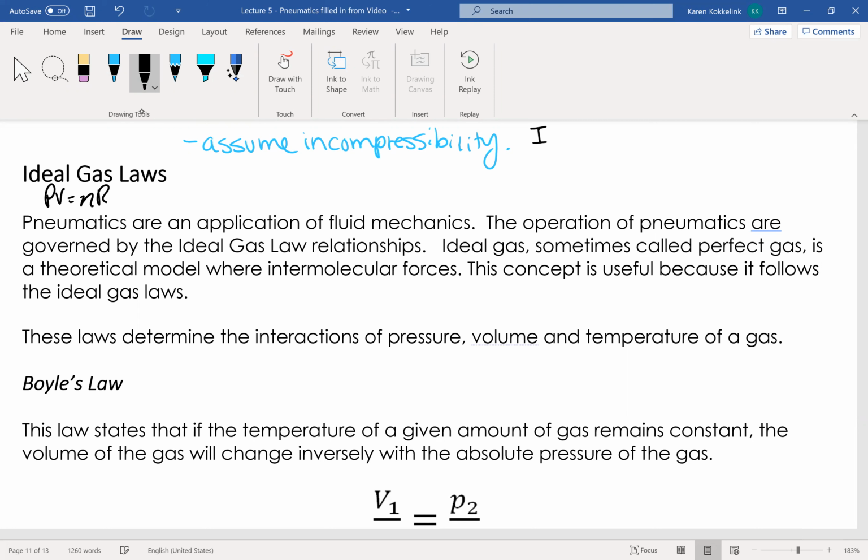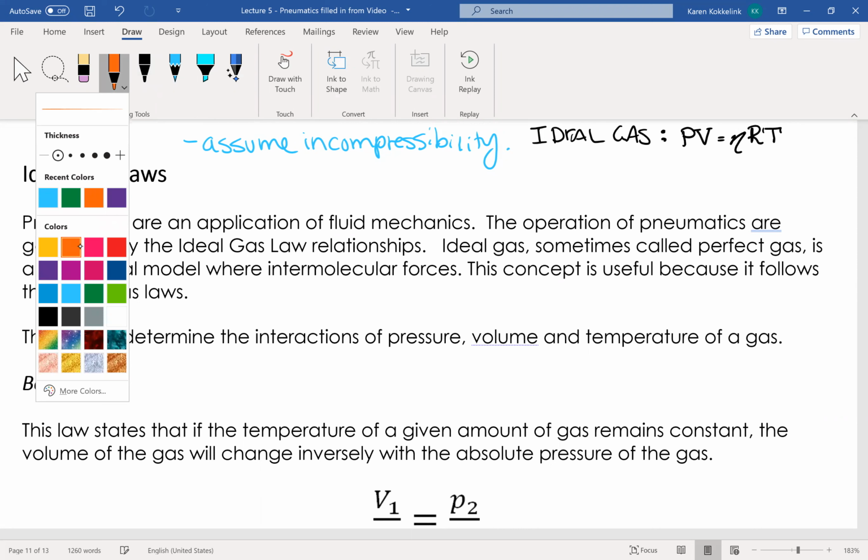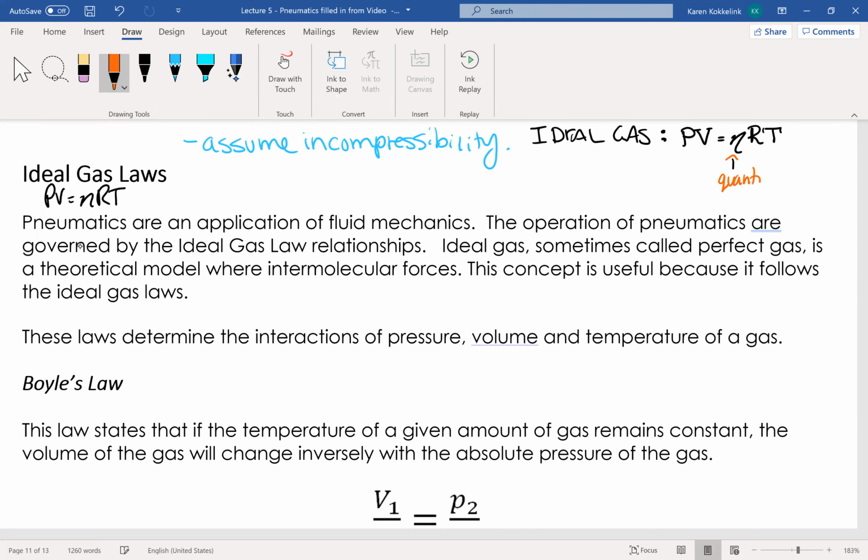PV equals nRT. So an ideal gas performs with this relationship: pressure times volume is equal to the number of moles times R times T. Now R is a material property, or instead of material, I'll say fluid property.